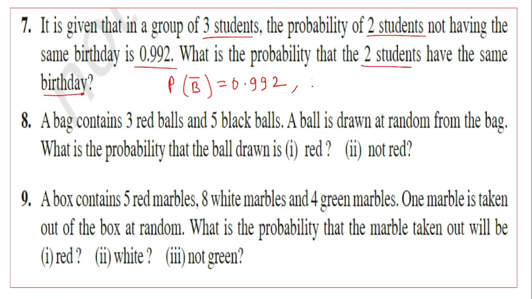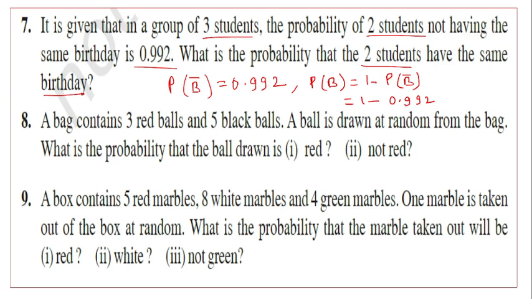It means we need to find the same birthday, so 1 minus P, which is 1 minus 0.992. Now we need to subtract.